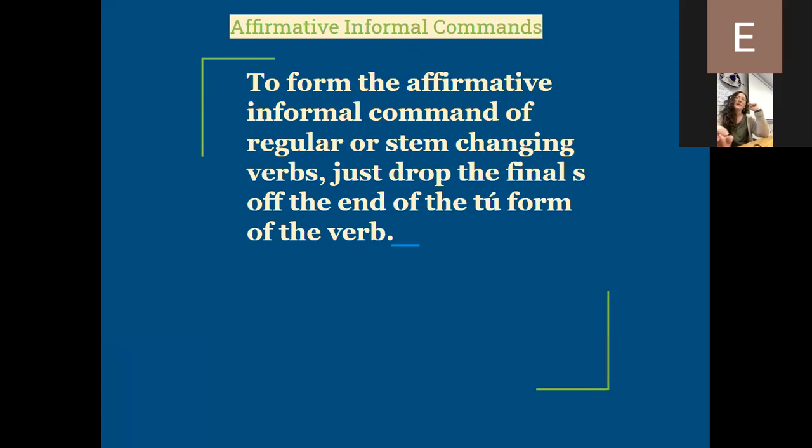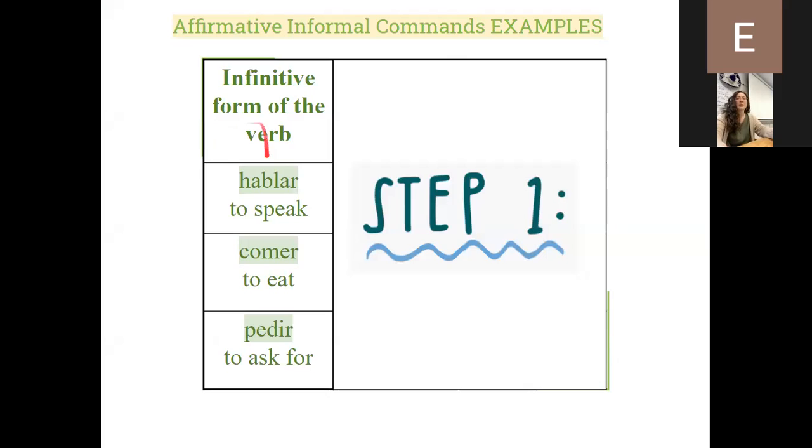So the affirmative informal commands are fairly simple to form. To form the affirmative informal command, you take the tú form and drop the S off of the end. So I've got three examples.